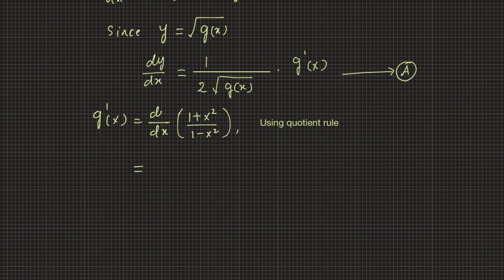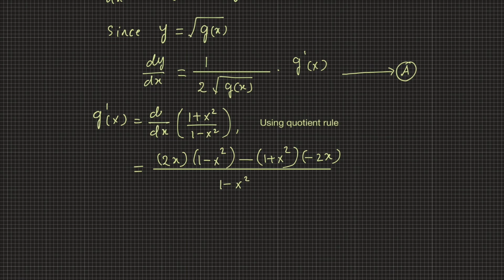Apply the quotient rule. We have the derivative of the numerator, which is 2x, times the denominator, 1 minus x squared, minus the numerator, 1 plus x squared, times the derivative of the denominator, which is negative 2x, divided by 1 minus x squared whole squared.